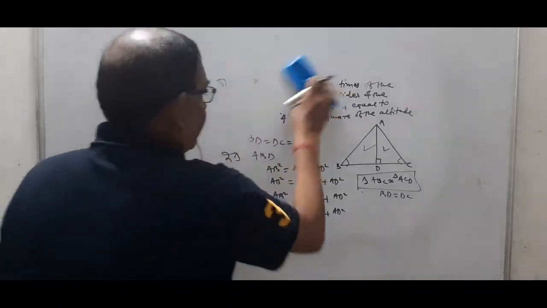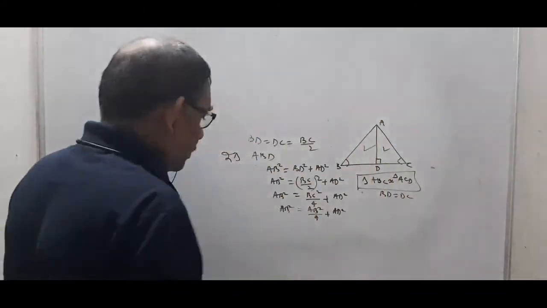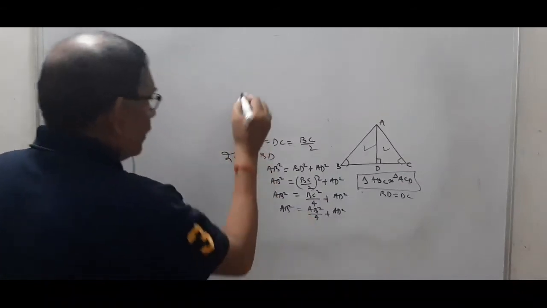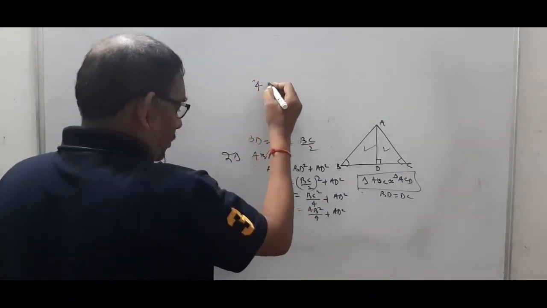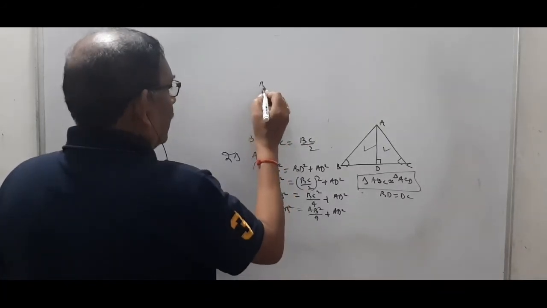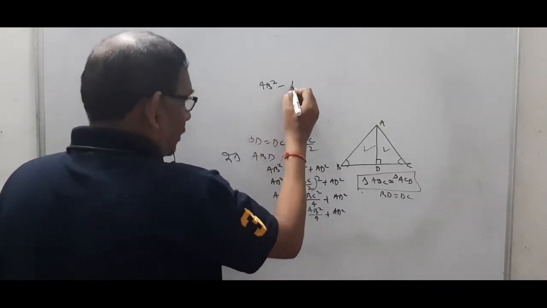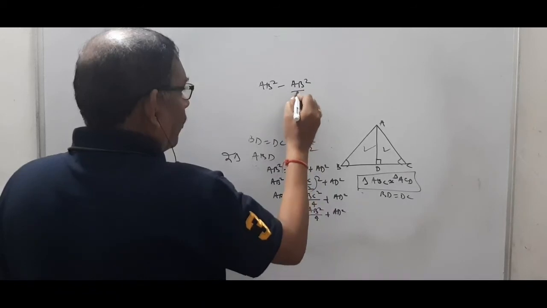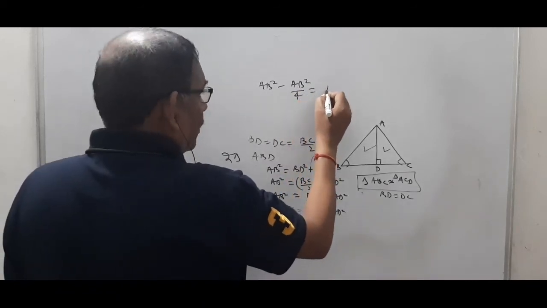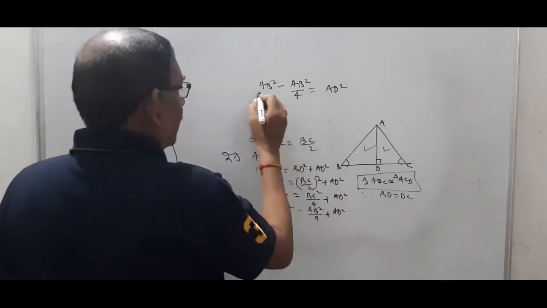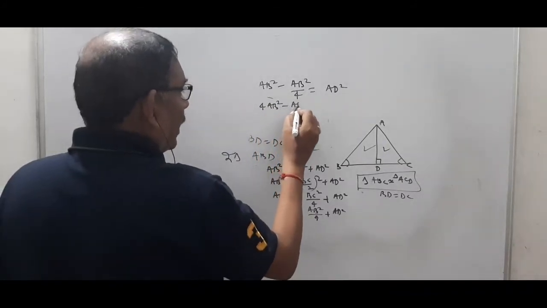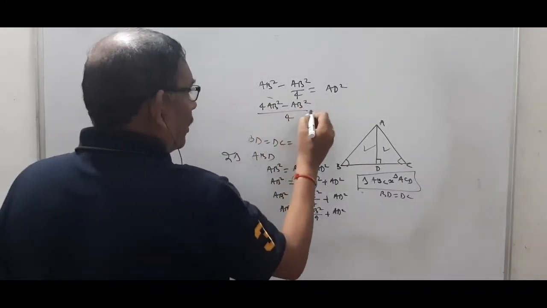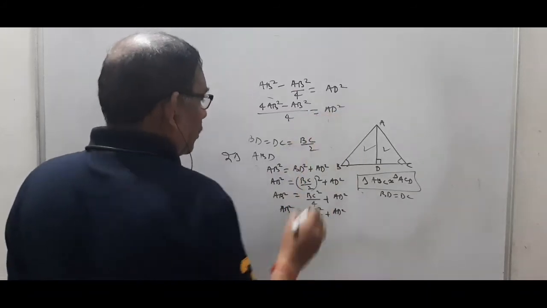Now, taking the LCM, please. 4 AB square minus AB square by 4 equals AD square. Okay, LCM now. 4 AB square minus AB square by 4, that is equal to AD square.